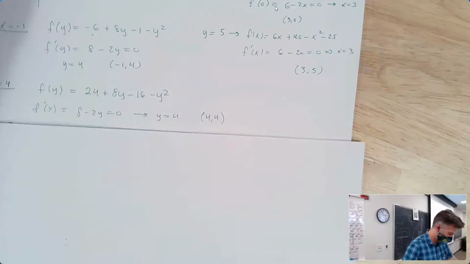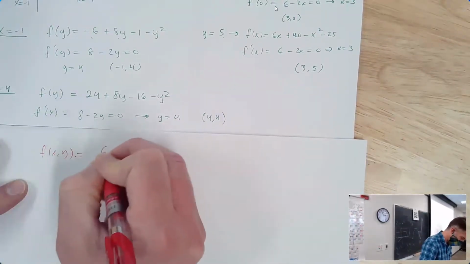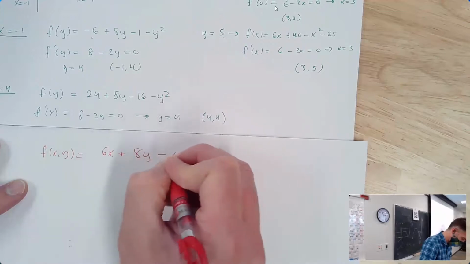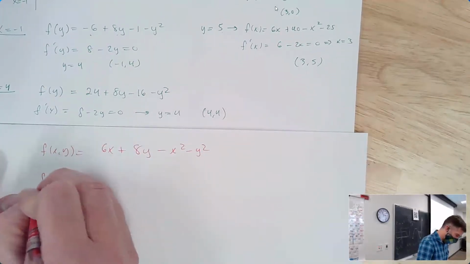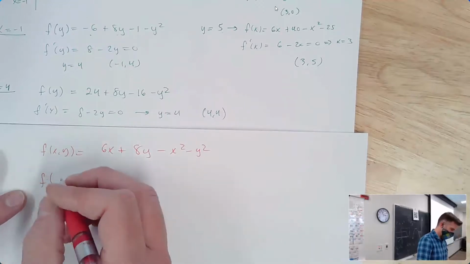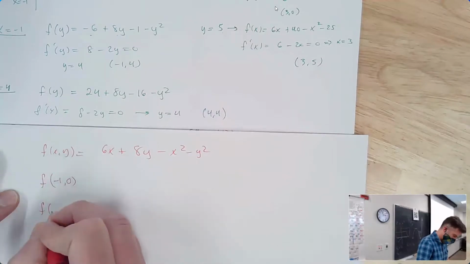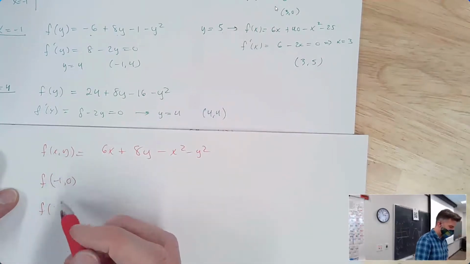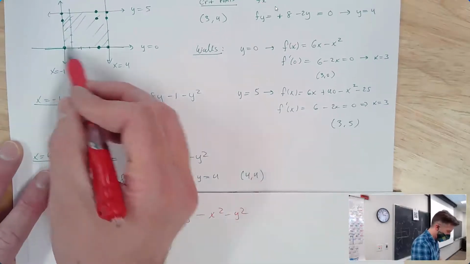So here's what we're doing. F of x, y is equal to 6x plus 8y minus x squared minus y squared. And we have to check the following points. F of -1, 0. I'm not doing these in any particular order. I'm really just looking at my picture and going from the bottom to the top.